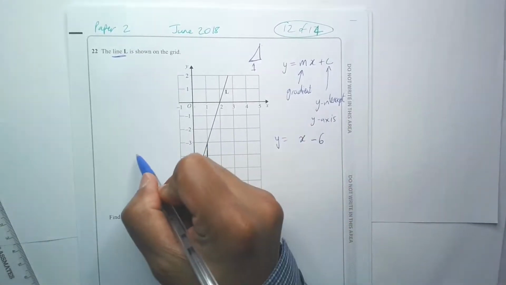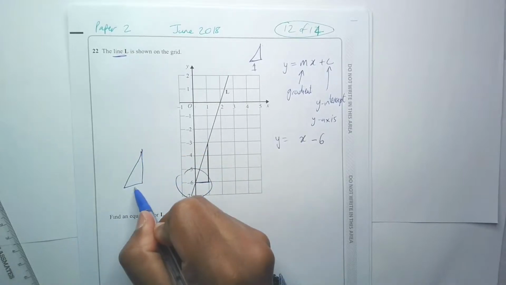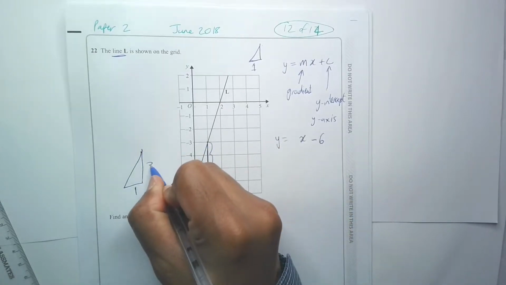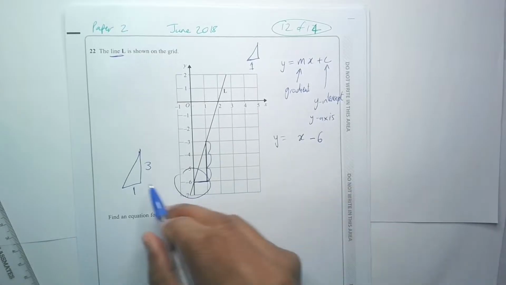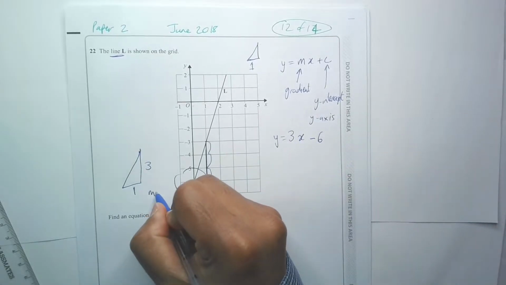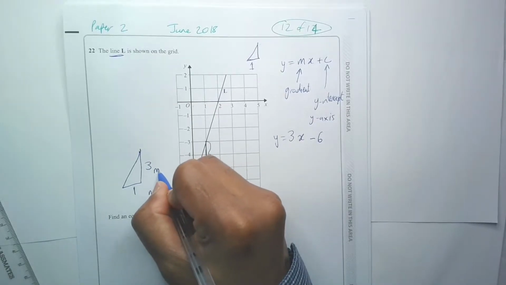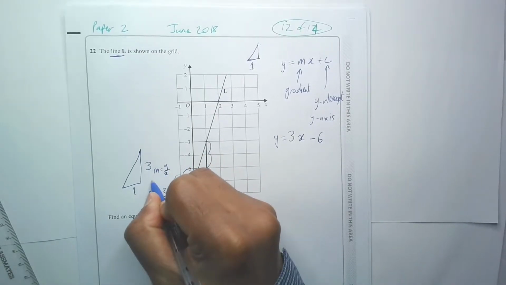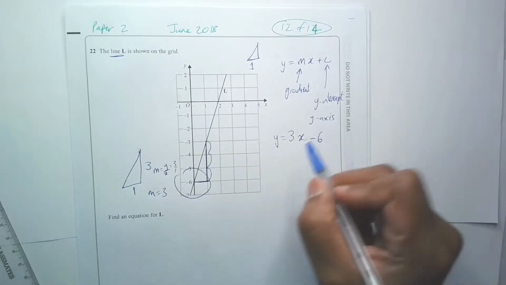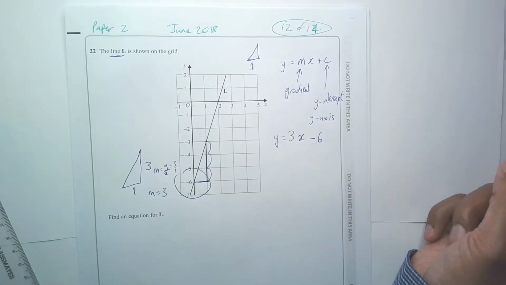So you can see this is 1 square. How many squares am I going up? 1, 2, 3, 3 squares. And so that is my m, 3. M equals 3. Technically, my m is my y over x. So it's 3 divided by 1 gives me 3. So y equals 3x, take away 6.